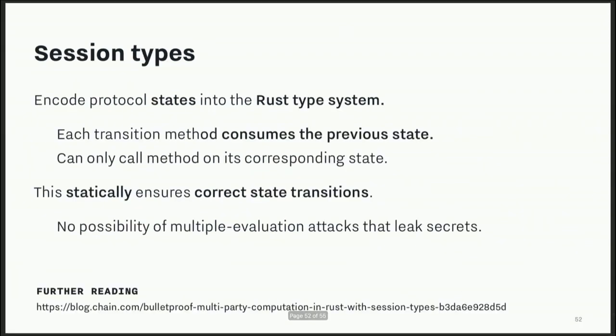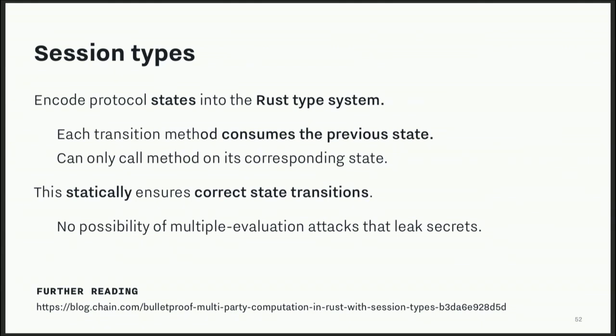So what we ended up using was session types, where we encoded the protocol states into the Rust type system. Because of the memory management model, you can make functions that consume the previous state for each prover or each party and dealer state, and then output the next state.